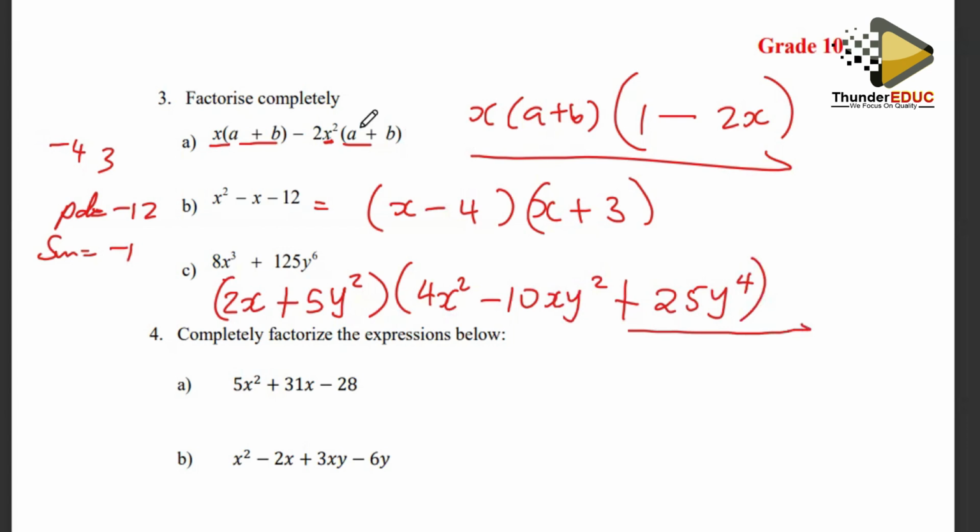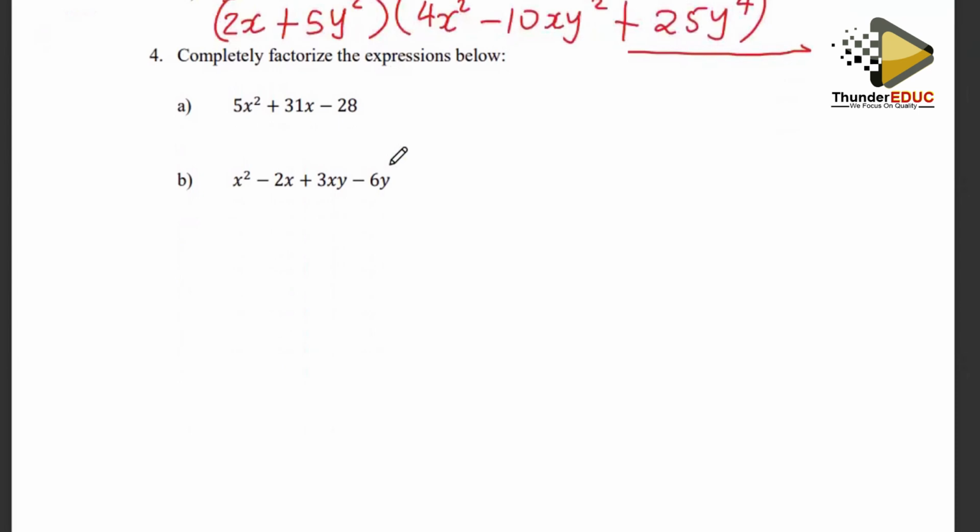All right, then probably the last question. If we have this kind of approach, we have 5x squared plus 31x minus 28. Like we said, you can use this approach of trial and error. For me to get the 5x squared, I must have 5x and then x.